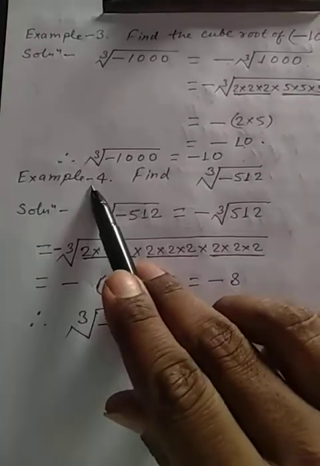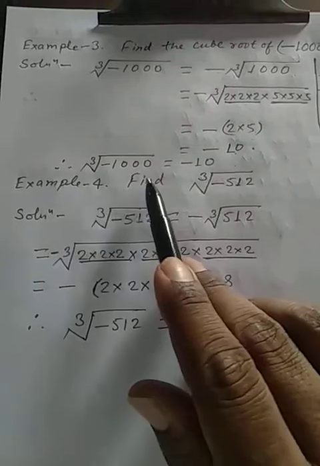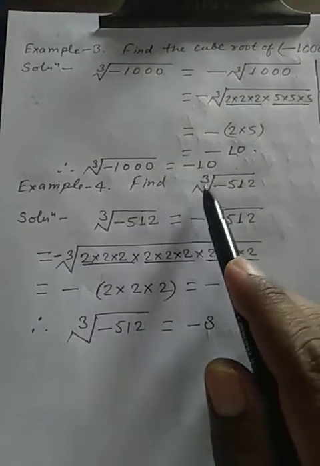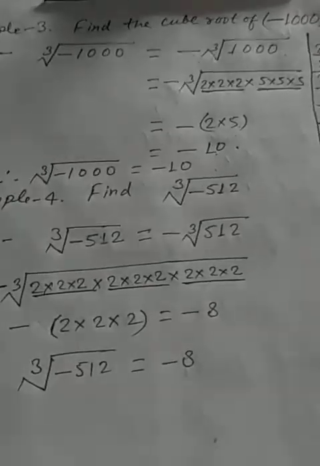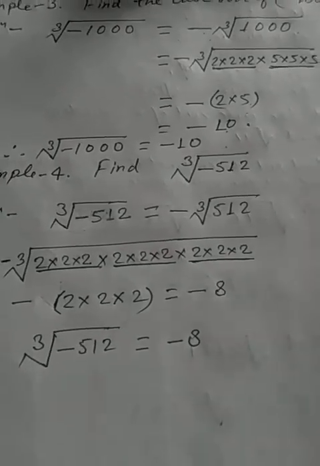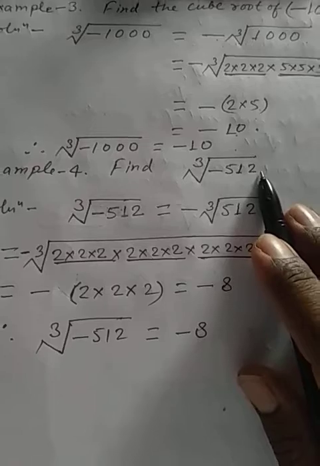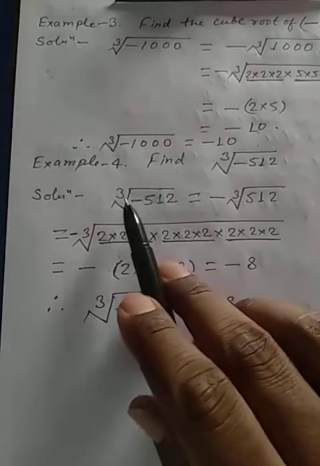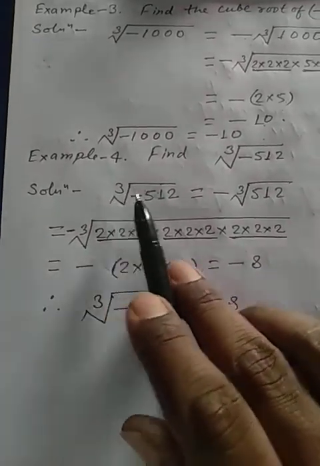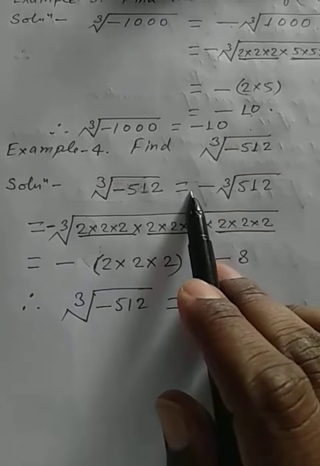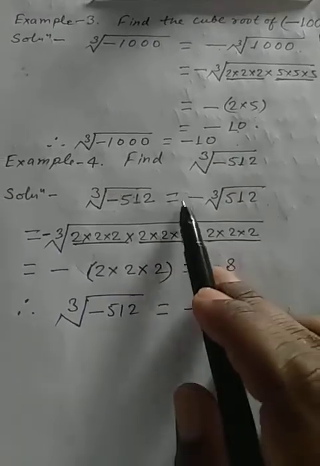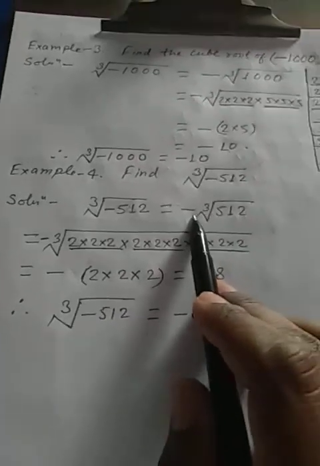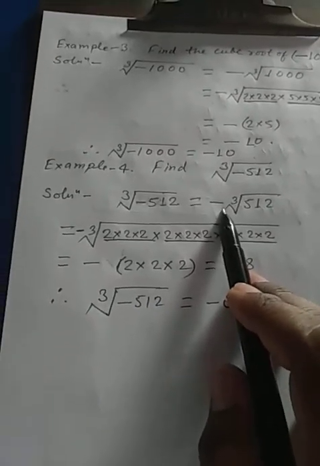Now I am taking another example for a negative number. Find the cube root of minus 512. We can write again cube root of minus 512 equals minus cube root of 512. We can take out this negative sign from the cube root symbol.